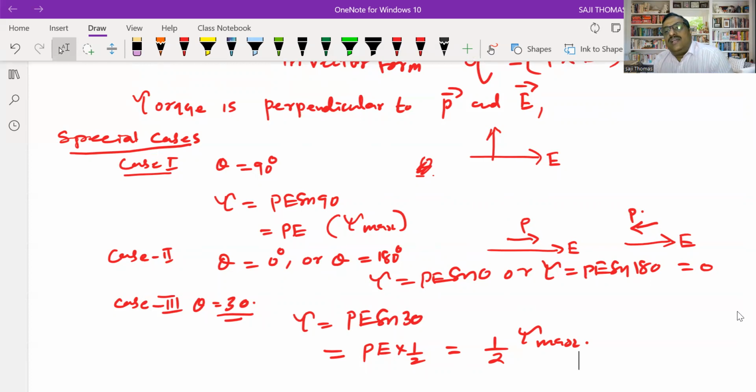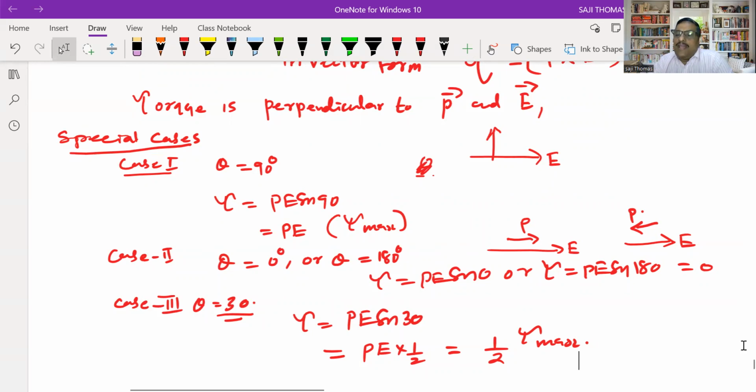This torque tends to rotate the dipole to align it along the field direction. If a dipole is placed in a non-uniform electric field, it will experience a net force and a net torque. Remember.